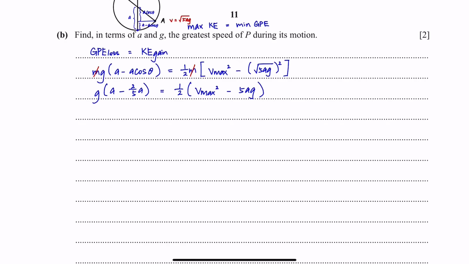So the left hand side would be 3 over 5 ag equal to half v max squared minus 5ag.